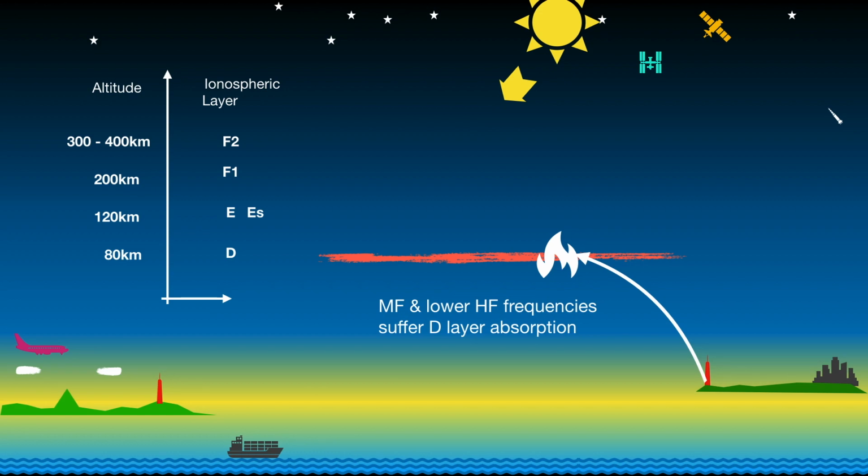This is why we don't get medium wave broadcasts under normal conditions from France during the day. It's because the D layer has established, and the medium frequencies, particularly, and to a certain extent the lower HF frequencies, are simply absorbed by the D layer, and therefore don't make it across to the UK.